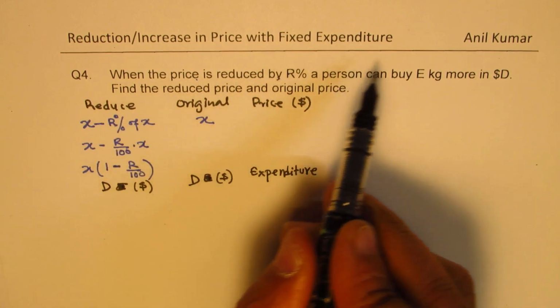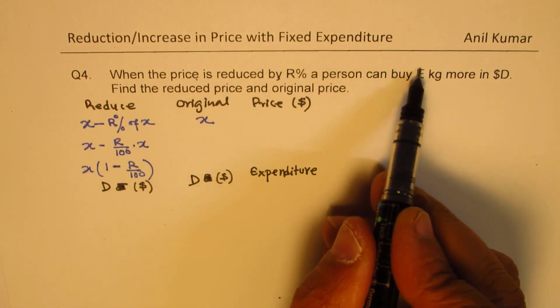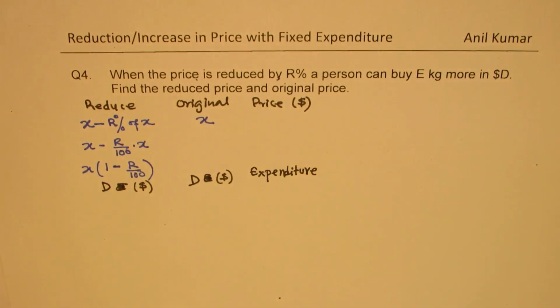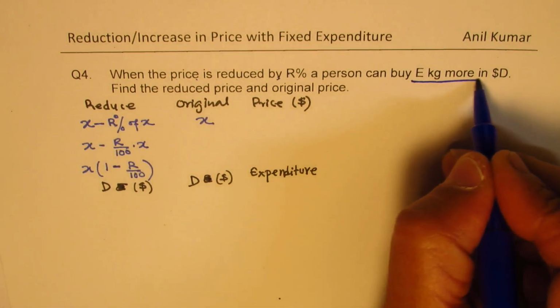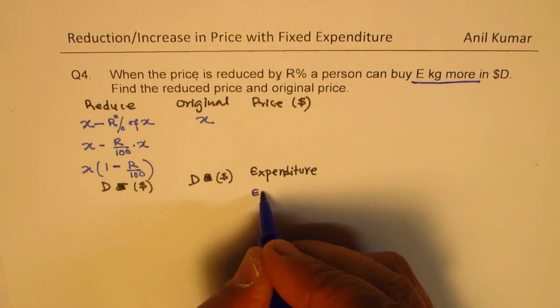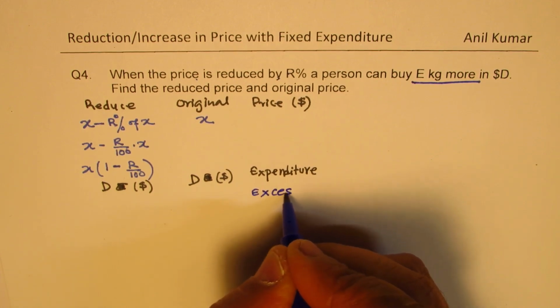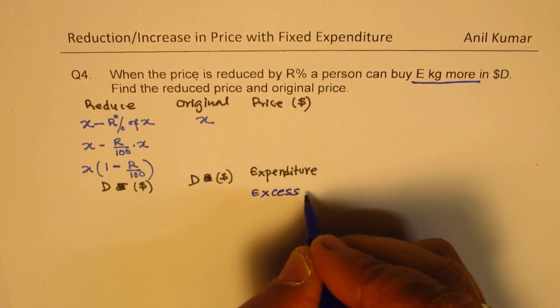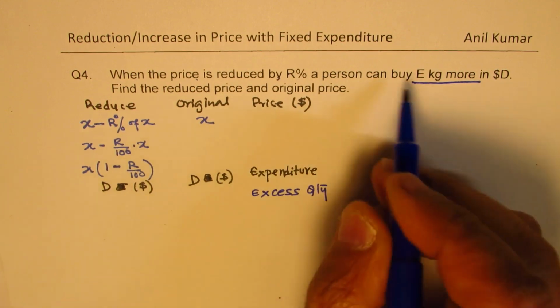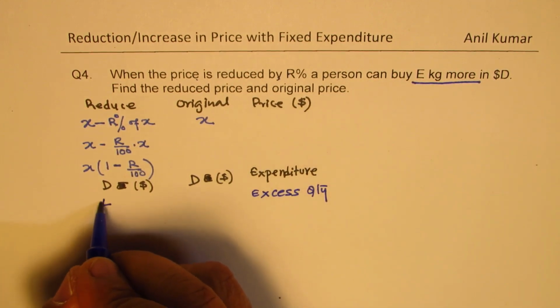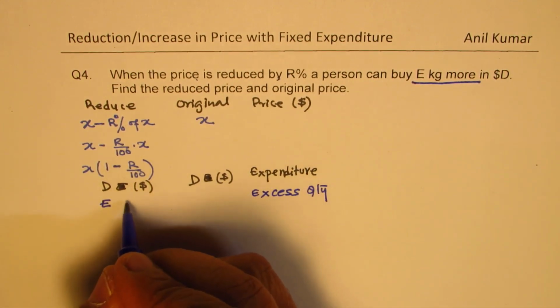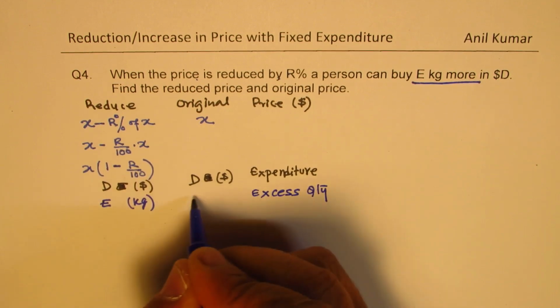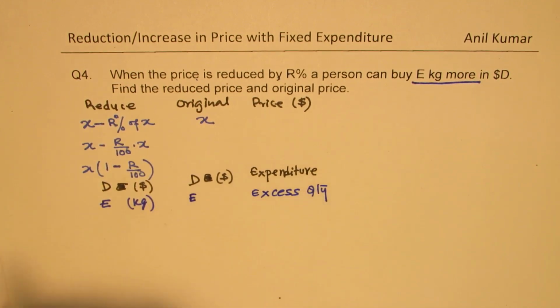Since the price has been reduced, you can buy E kg more. So we have excess quantity you can buy, E, and E is in kg. So the excess quantity you can buy is E kg.